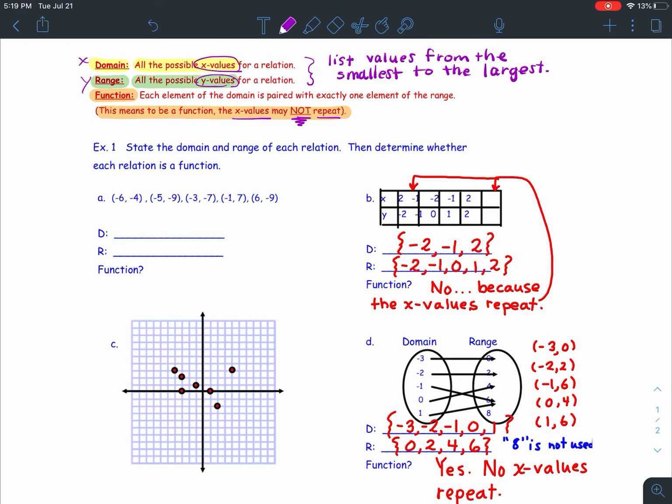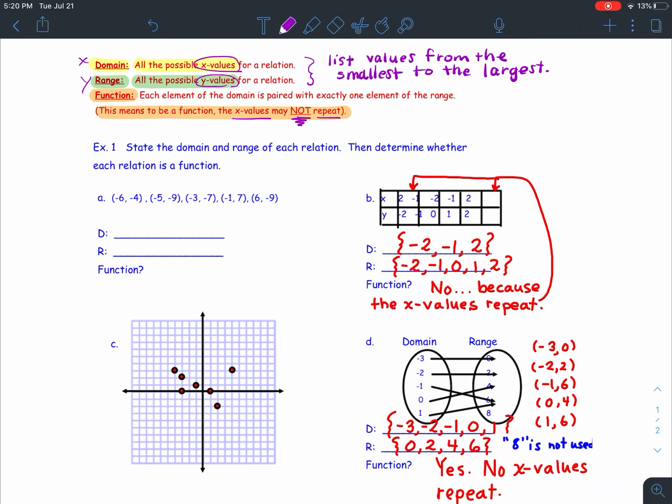All right, so let's go ahead and start with example A here. You'll notice the directions say to state the domain, state the range, and then determine whether this relation is actually a function or not. And this is where we want to focus on whether we're seeing any of those x values repeat.